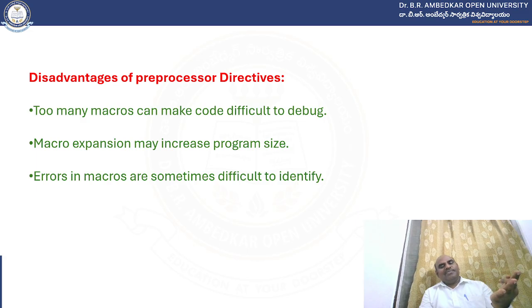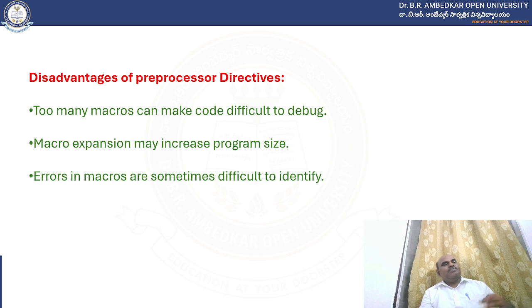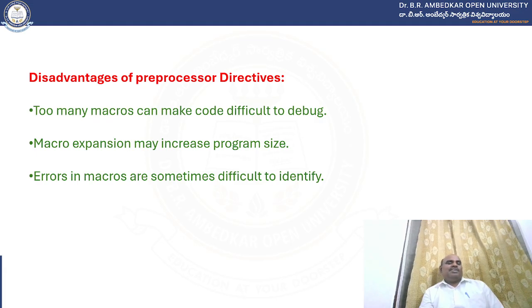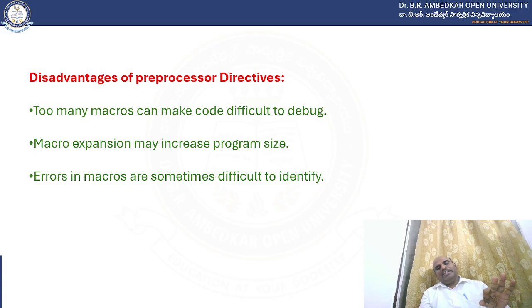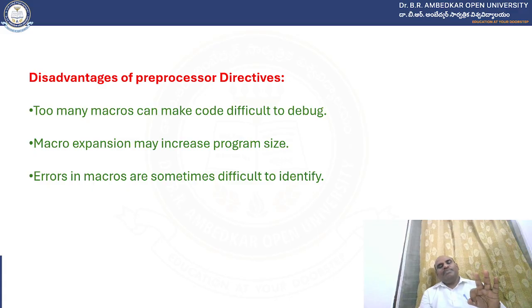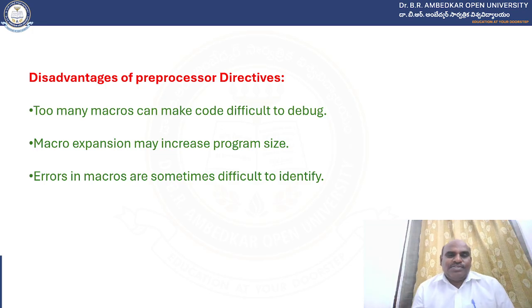The first one is difficult to debug, since too many macros make debugging difficult. Next, expanded means it occupies more space. Next, errors mean identifying is difficult. These are the three disadvantages of preprocessor directives.